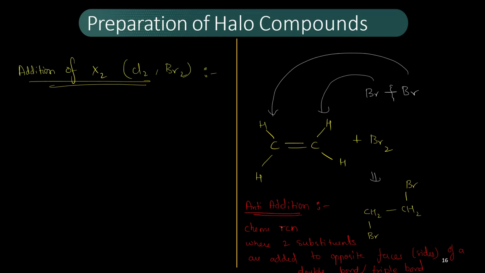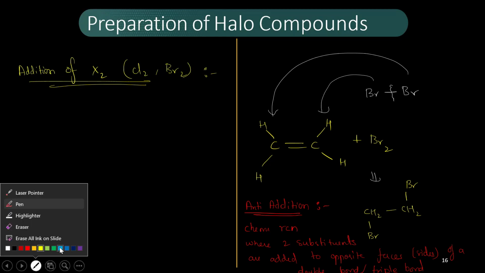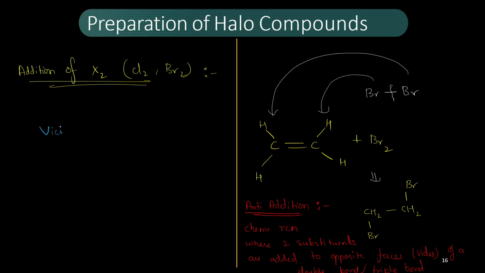And remember, this type of compound is also called a vicinal dihalide. In organic chemistry, wherever you see the word vicinal, it means neighboring carbons. So what are the two substituents here?